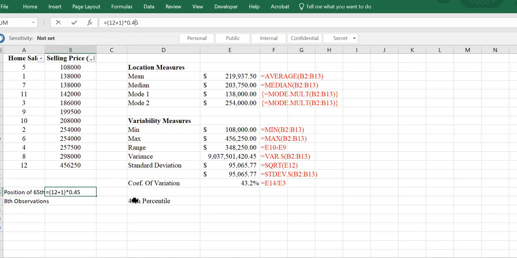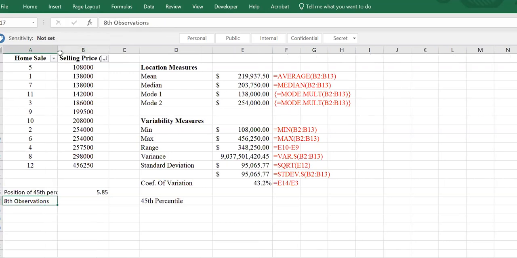So we're looking now for the 45th percentile. For finding the position of the 45th, we should just take 12 observations plus 1 times 0.45. That gives us the position of the 45th percentile, and that would be somewhere between the 5th and 6th observation.